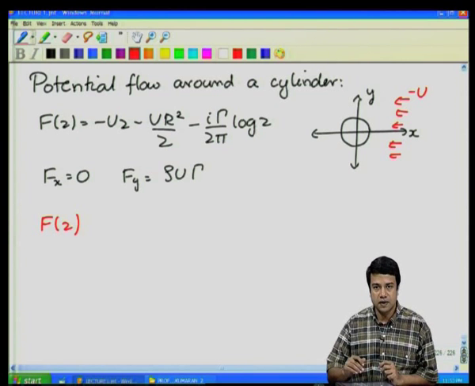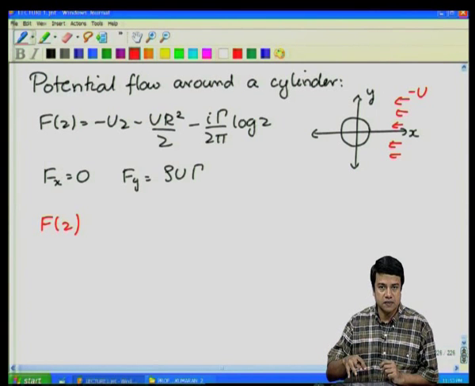In this particular configuration that I have shown you here, velocity is minus u far away, velocity is 0 on the surface. If I want the cylinder to move, I just add a velocity plus u everywhere within the flow. In that case, far away the velocity becomes 0, on the surface the velocity becomes plus u along the x direction.